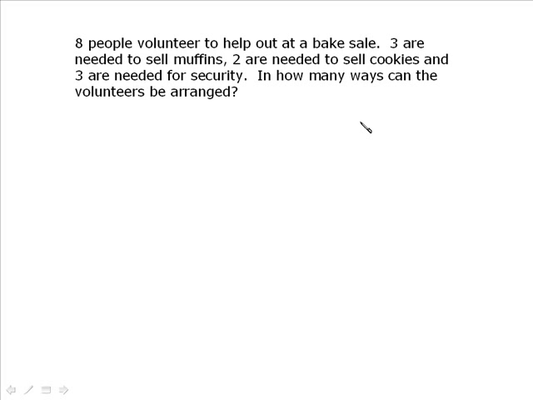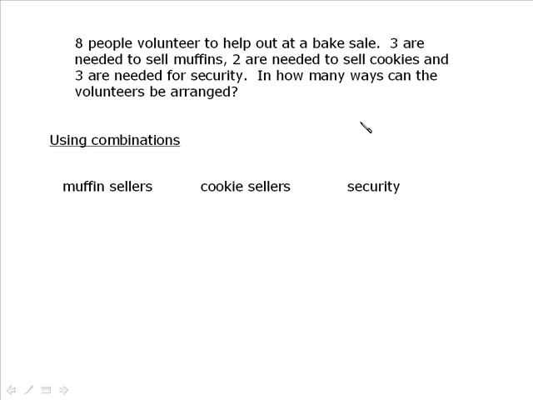So you start off with these 8 people that are in front of you, and you're going to assign them to their tasks. Now for the muffin sellers, using combinations, we would find those 3 people. Then we would go on to the cookie sellers and assign 2 of them to cookies, and then the 3 remaining people would then be assigned to security.